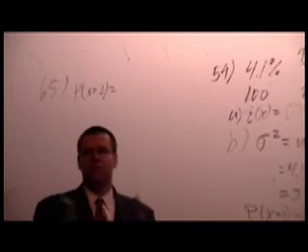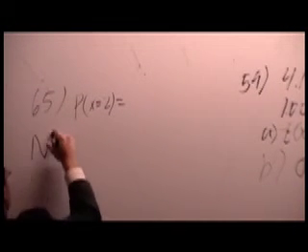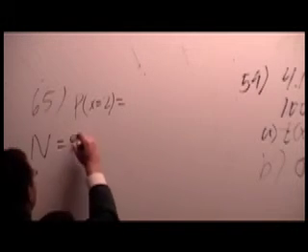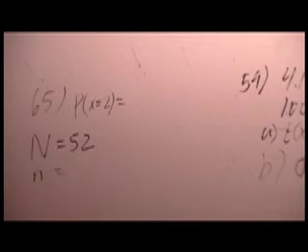If we simply force the hypergeometric, we have big N, which is the total number of outcomes, which is 52. We have little r, the number of aces, which is 4.